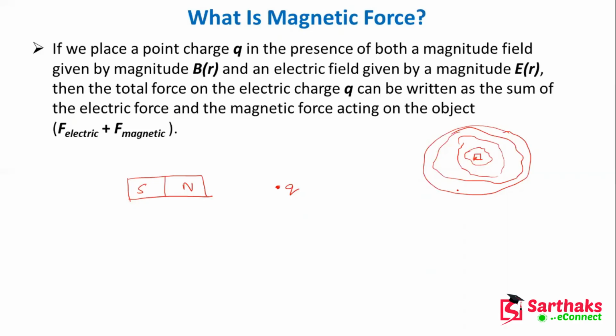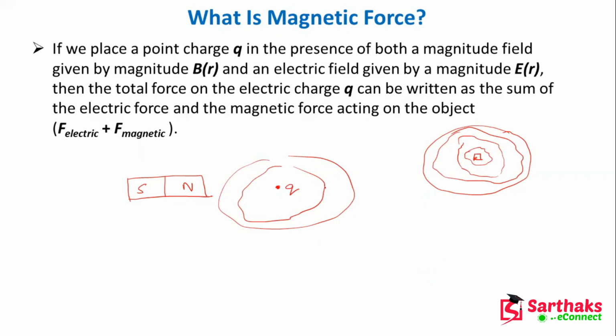So if I keep one point charge, meaning any electrostatic charge, and you have some magnetic field here, at that time you can see what will be the effect on this charge.